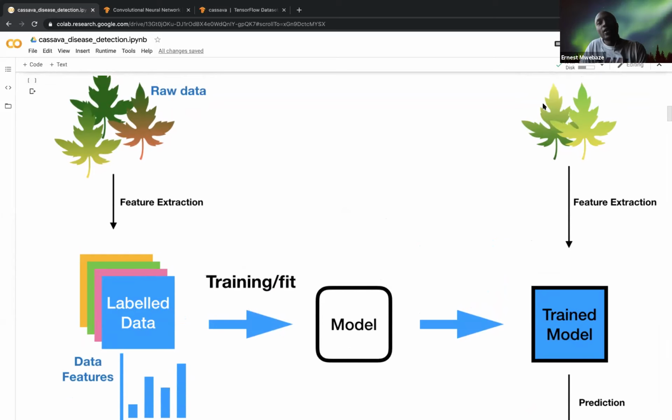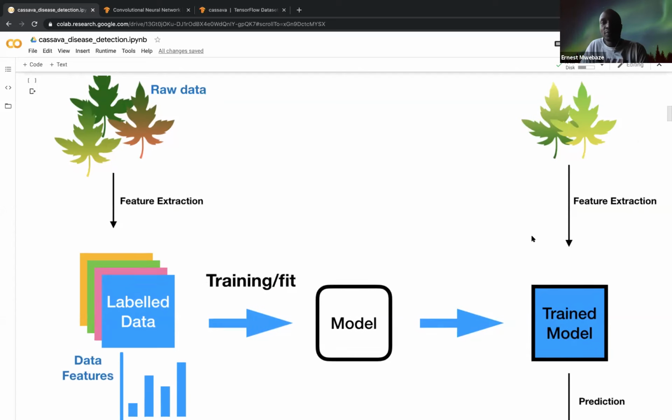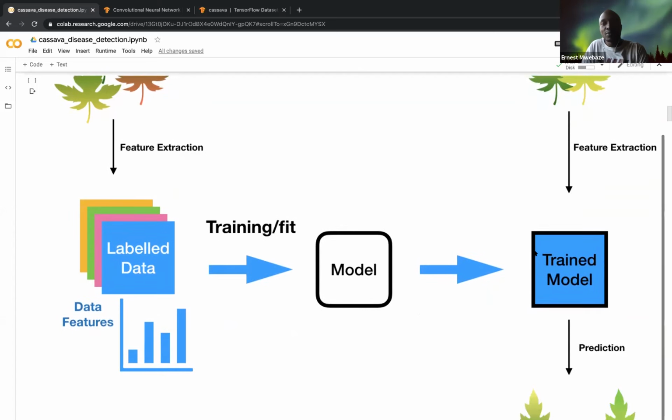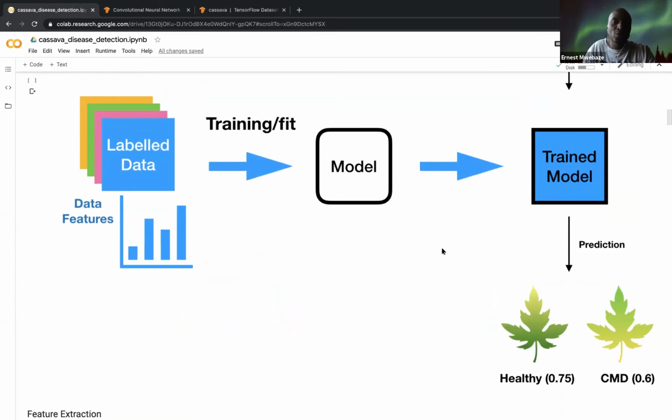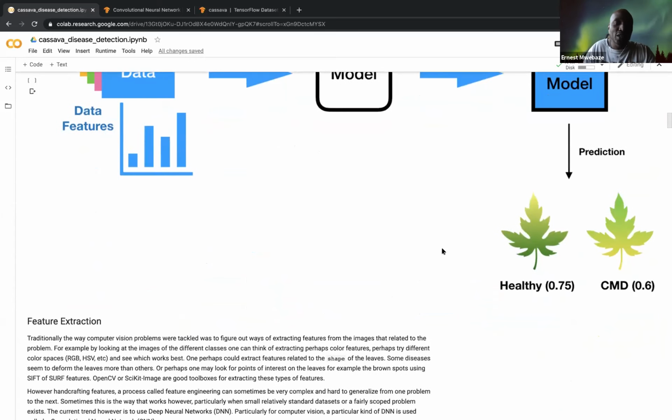But if there's another way you can extract features, as we'll talk about, you can extract them, use the same model, and get a prediction. So this is a general schematic of what we want to do.